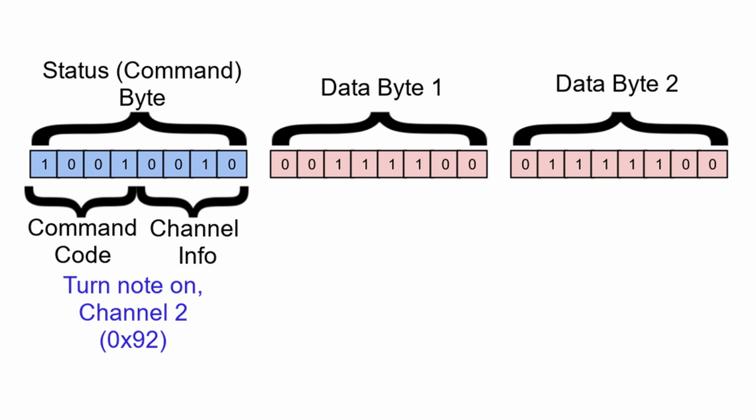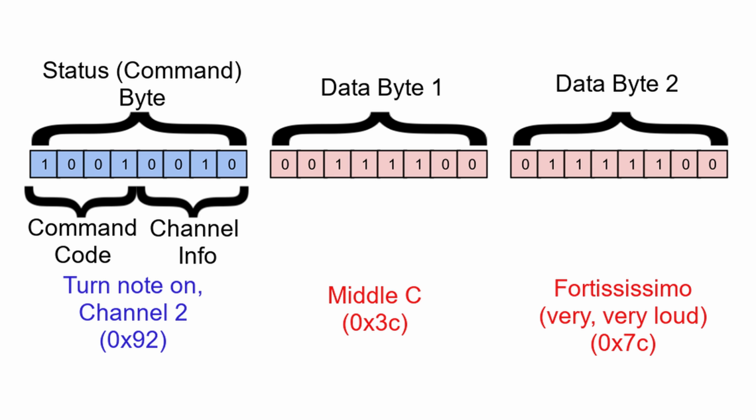The second byte is the pitch of the note, from 0 through 127 decimal. Middle C on a piano is 60 decimal, or 3C hex. The third byte is the velocity and varies from 0 to 127 decimal. 0 will turn a note off, 127 is very loud.